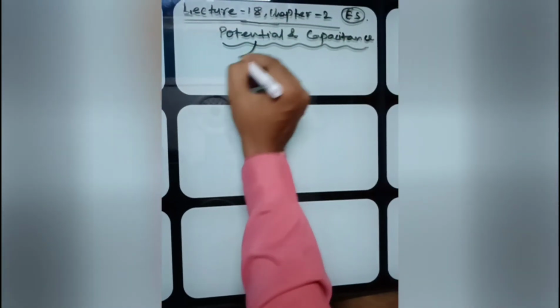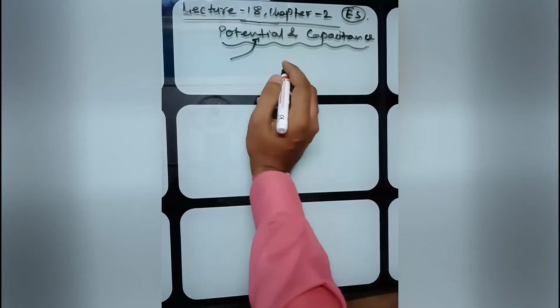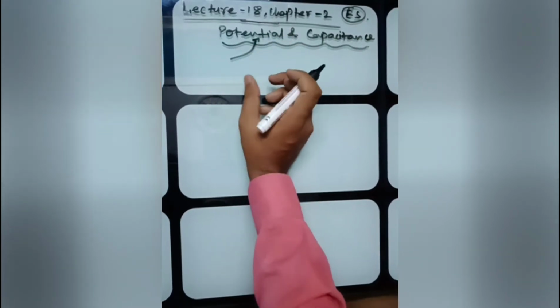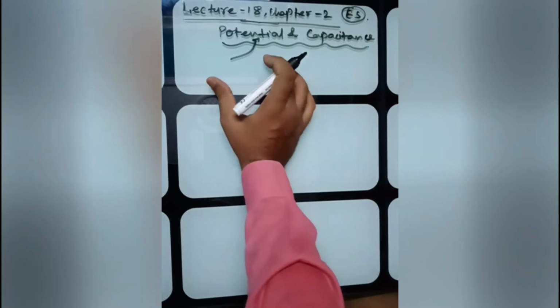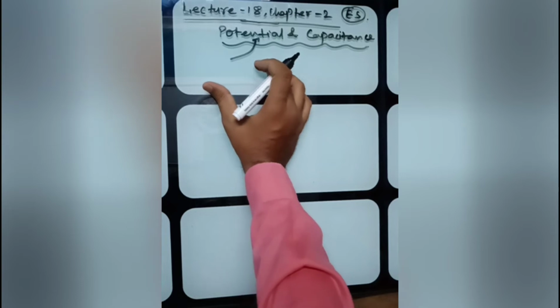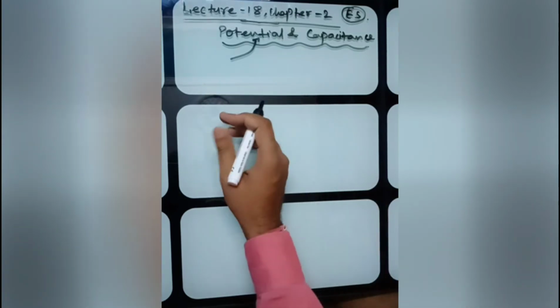Today we will focus over the potential and potential energy. We will take introduction of potential and potential energy, and then we will move for the potential energy gradient. In next lecture we will study in a detail.